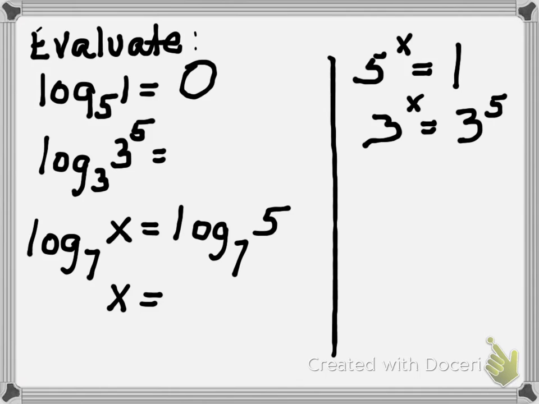So we have like bases, therefore we equate the exponents, and x must be equal to 5. Now this one has log base 7 of 5 on the right equals log base 7 of x. What is x? Well, x must be 5. It's just filling in that equation.